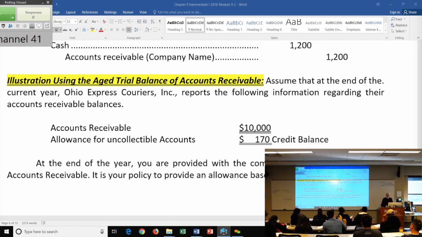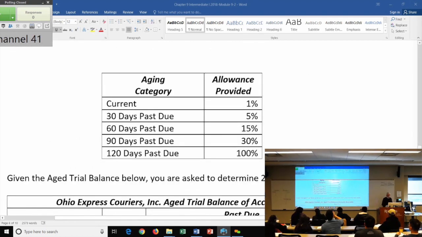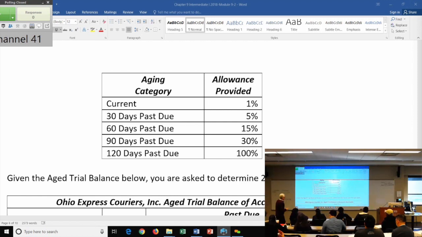Now, the aged trial balance looks like this. You are given an aging category. How old is the receivable? Is it current? Is it 30 days past due, 60 days past due, 90, and so on? Based on past experience, we provide for the allowance based on those percentages.